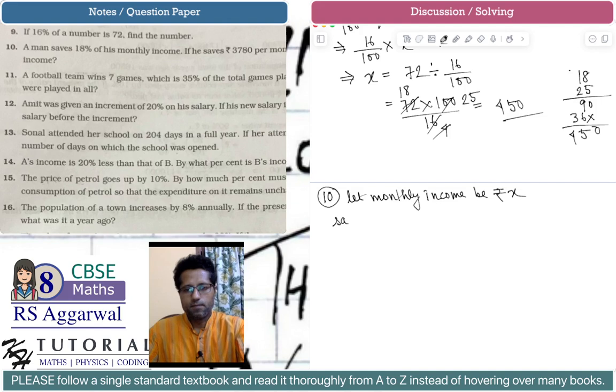Now it is given that the man saves 18% of his monthly income.